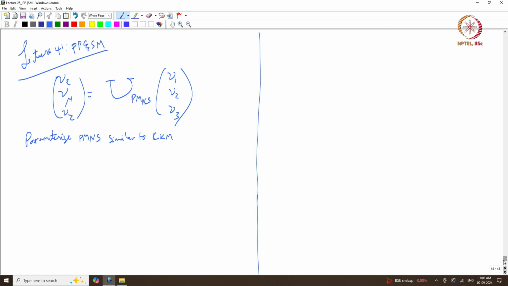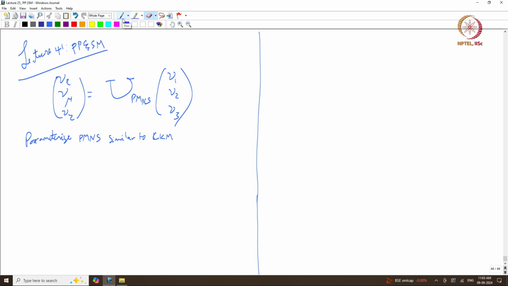So, for this discussion we are going to only take one CP violating phase. There are some models where you can have more than one CP violating phase. We are not going to talk about that, we are going to keep it simple here, okay. So, again, it is obvious, right, 3 rotation angles and 1 CP violating phase.